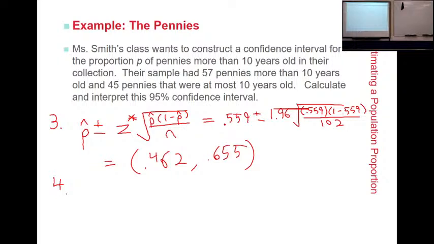Interpret. We are 95% confident that the parameter, so what was the parameter again?